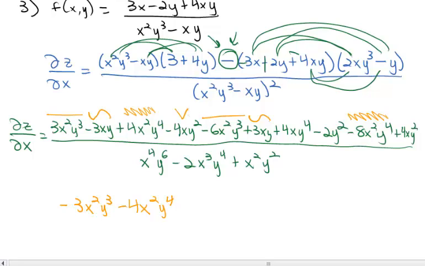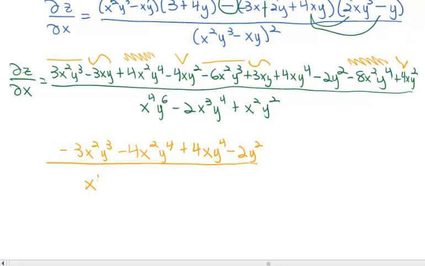Then we've got an xy squared, and an xy squared, negative 4 plus 4 is 0. That's nice. And then the last two, no like terms on them, plus 4xy to the fourth minus 2y squared.